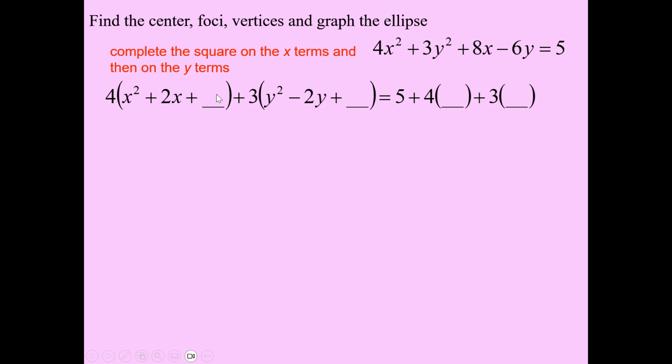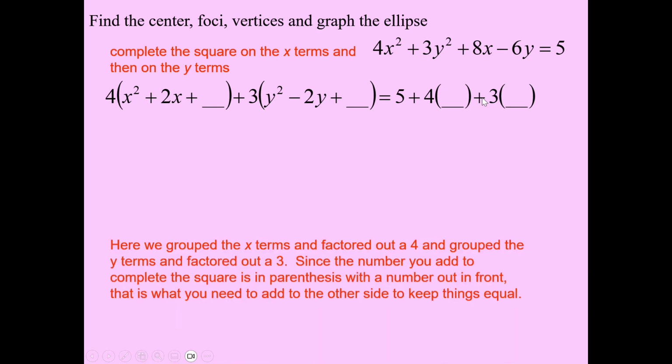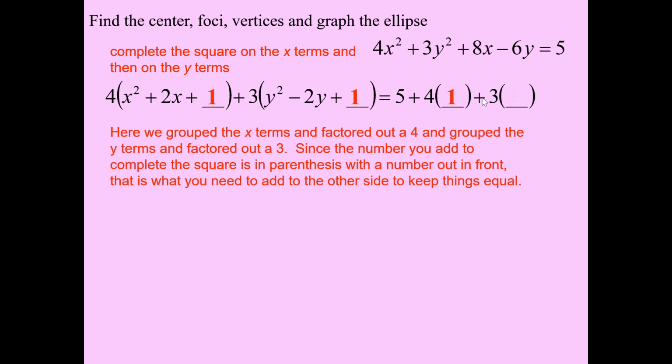Half of 2 is 1, so add a 1 here. Half of negative 2 is negative 1 squared, and add a 1 here, and add a 1 and a 1 there. Notice it's 4 times that, because I had to factor out a 4, and it's 3 times that. So I'll put that here. And that's how that looks.